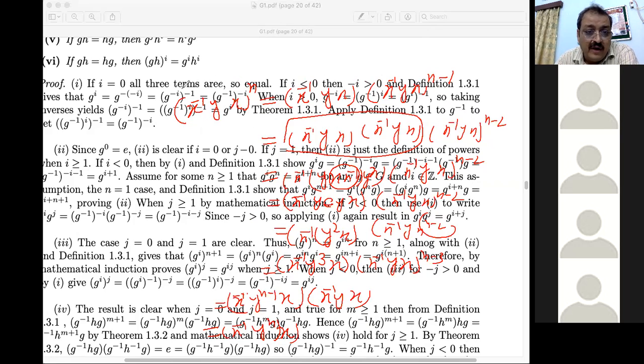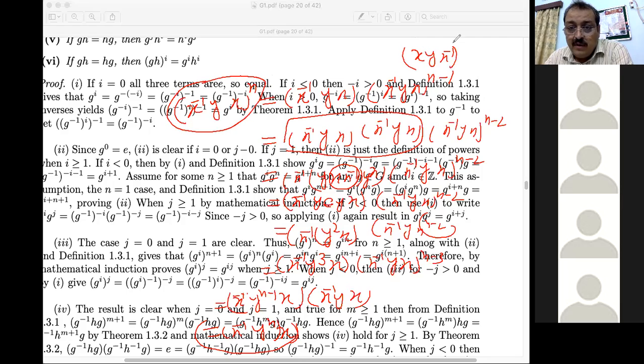So x inverse y x to the power n is nothing but equal to x inverse y to the power n x. Or you can write either in this form, x y x inverse to the power n, which is also the same as x y to the power n x inverse.